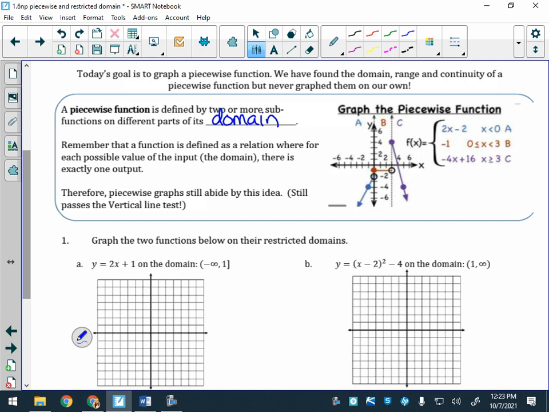So you have 3 different graphs on a restricted domain to create a function. Piecewise graphs still abide by this idea: you're still using the vertical line test. So no matter what we're creating, it's always going to be a function. Why? If you look at this example, why is that still a function?